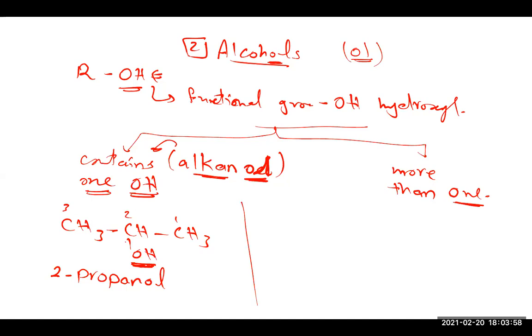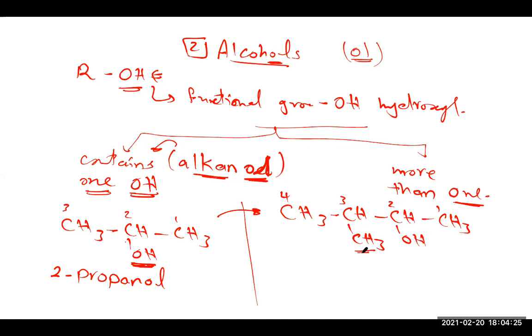If we have a substituent, we will write the name of the substituent first, and then the name of the alcohol. Let's take more examples for this part before starting with the second one. CH3, CH, CH3, CHOH, CH3. Here I will start numbering from the right, because this will give the hydroxyl group the lowest number.